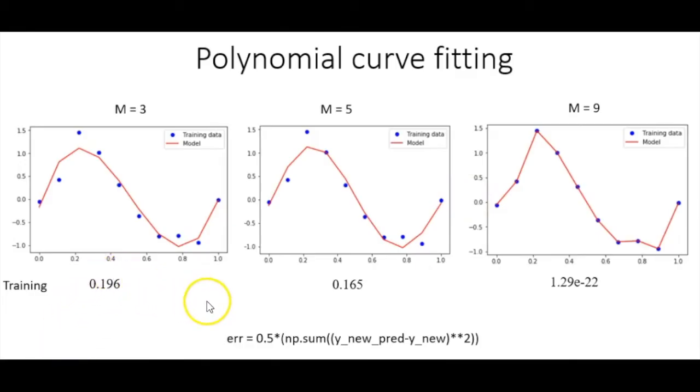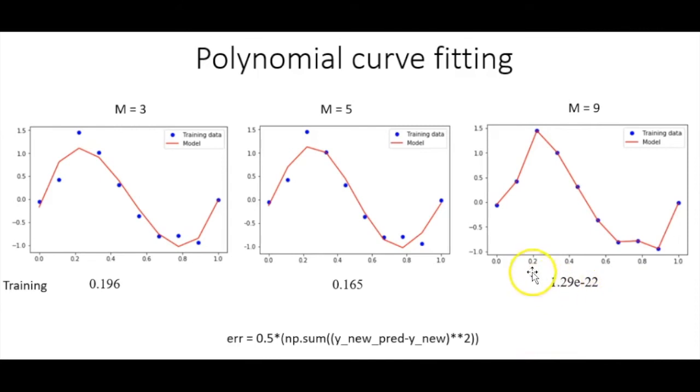Here are examples of 3 models which we trained using polynomial curve fitting with order m equal to 3, 5 and 9. We can see all figures have the same blue scattered samples called training data, and we fitted models using a red curve with different orders of polynomial. Visually, m equal to 9 seems best to us as our model perfectly fitted over the 10 training data samples.